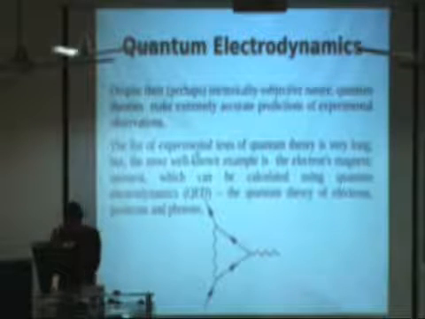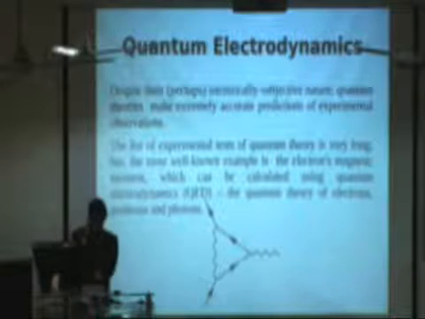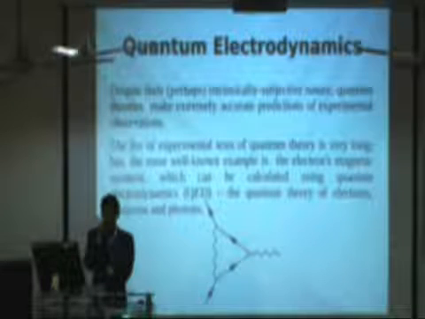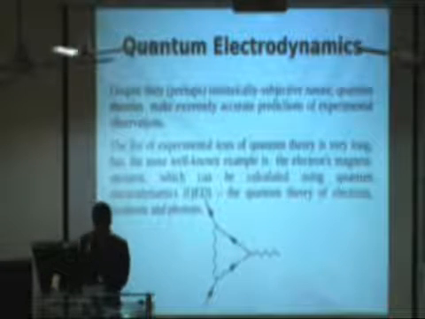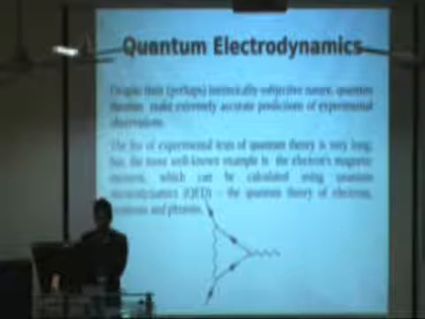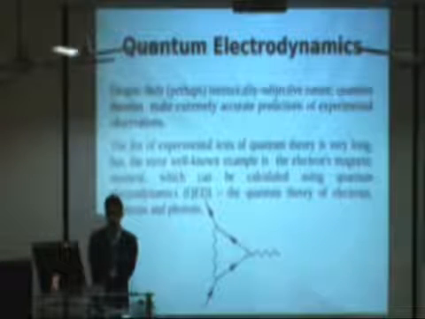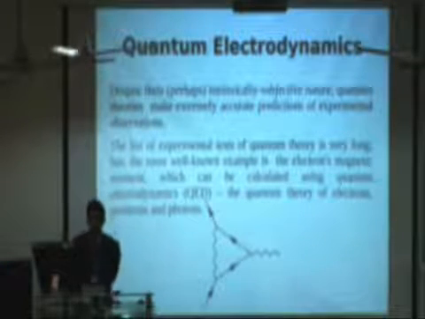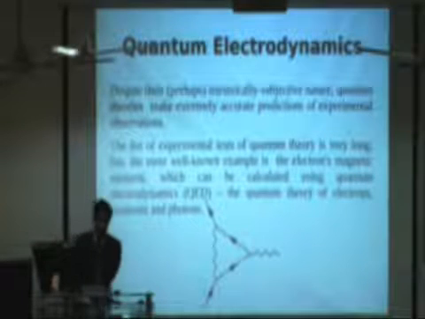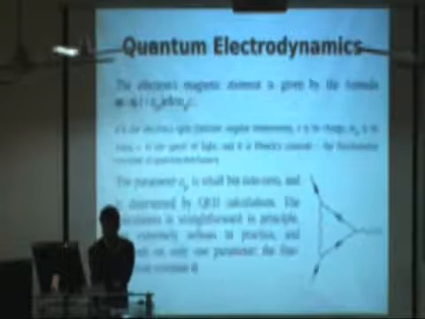But okay, despite their perhaps intrinsically subjective nature, quantum theories make extremely accurate predictions of experimental observations. The list of experimental tests of quantum theories is very long, but the most well-known example is the electron's magnetic moment, which can be calculated using quantum electrodynamics, the quantum theory of electrons, positrons, and photons.